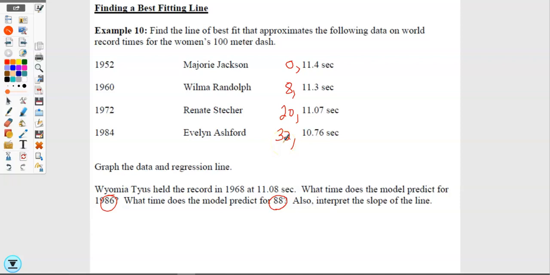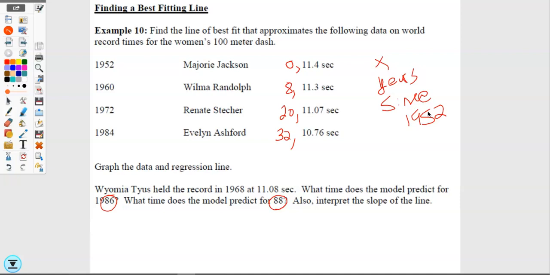That's just to make it a little bit easier to type these things into a calculator. And again, we'll just have to make sure that we know that our x value will be years since 1952 when we go to solve and work with this.